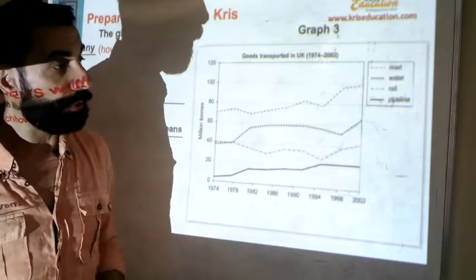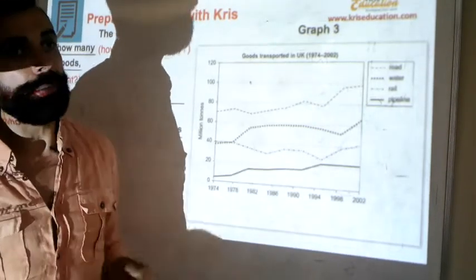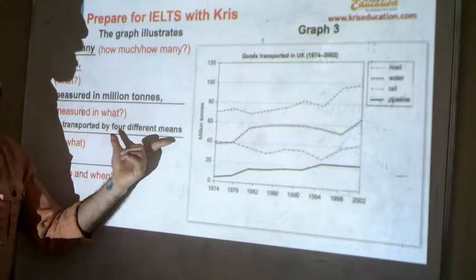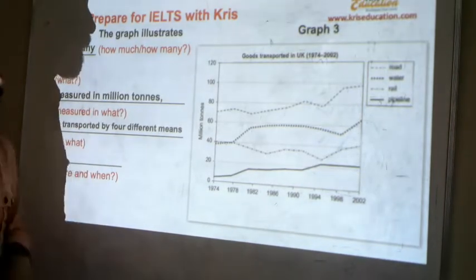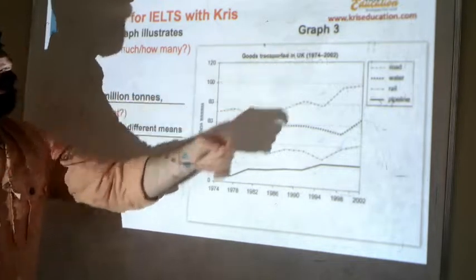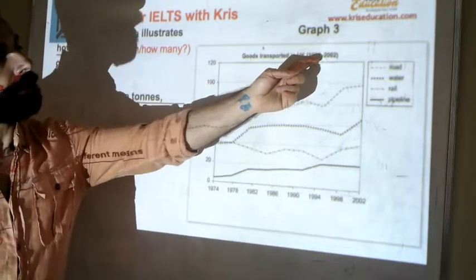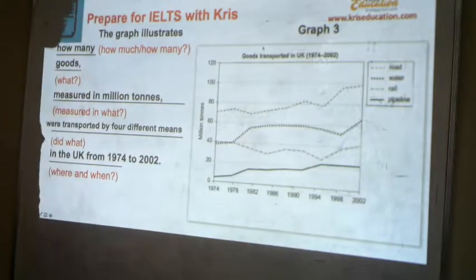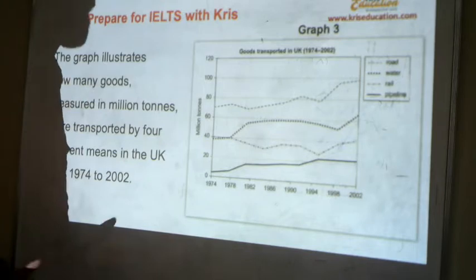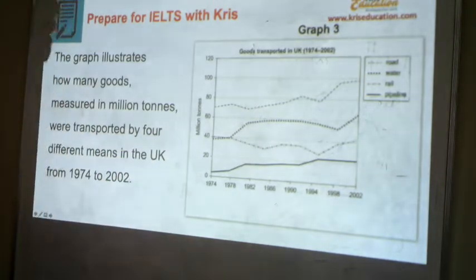This is very, very important. So tell the examiner how many lines are here, and one way to do that is doing this thing here, by 4 different means. Where and when? In the UK, from 1974 to 2002. And this is the whole sentence.